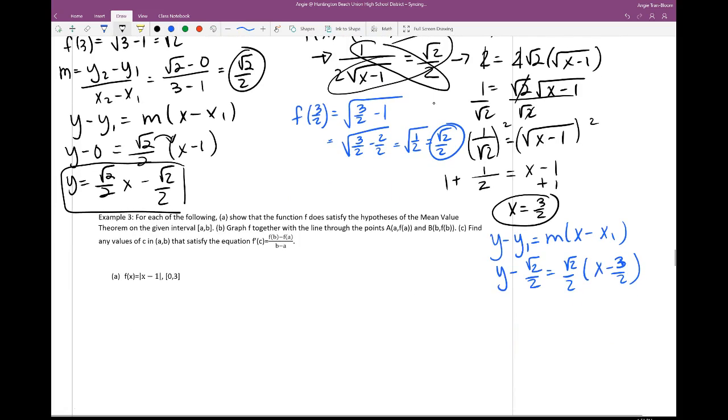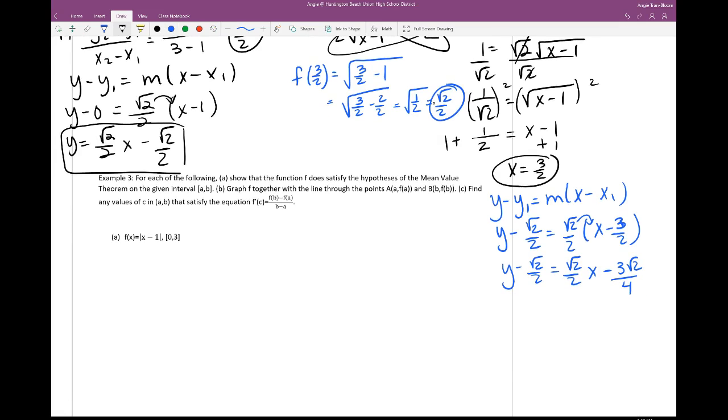Okay, distribute the rad 2 over 2, so y minus rad 2 over 2 equals rad 2 over 2 x minus 3 rad 2 over 4. I'm going to move this rad 2 over 2 to here. Okay, so now I would have y equals rad 2 over 2 x.